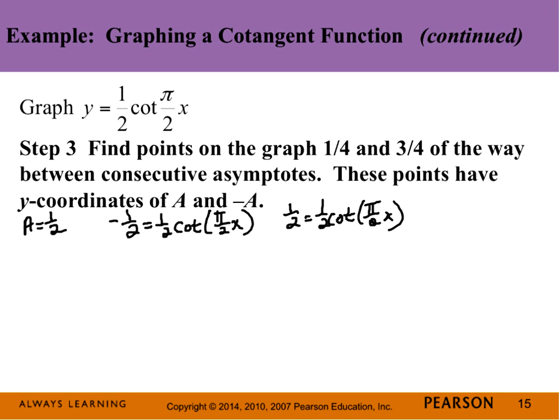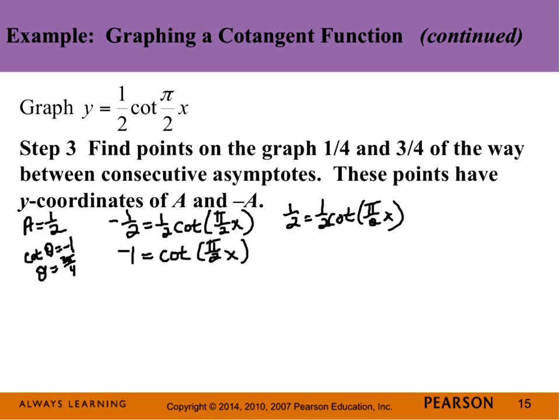So I have negative 1 equal to cotangent of pi over 2 x. And we find that when the cotangent of theta equals negative 1, that means theta had to be equal to 3 pi over 4.